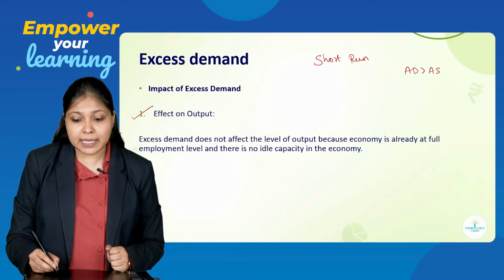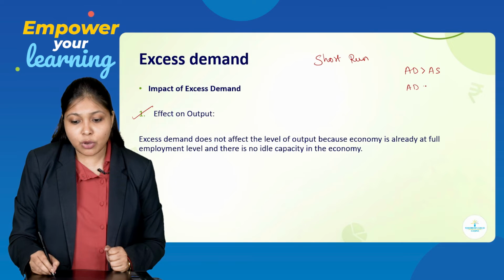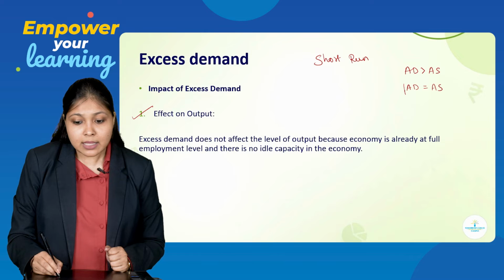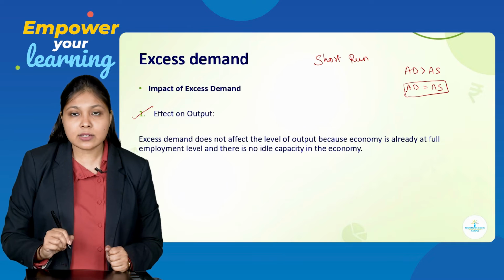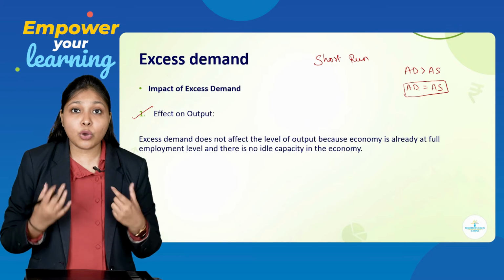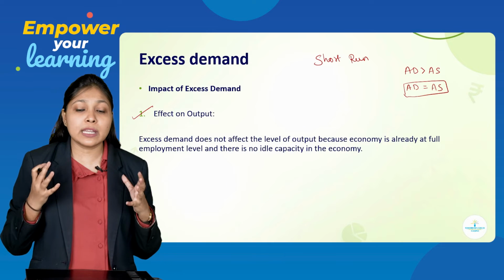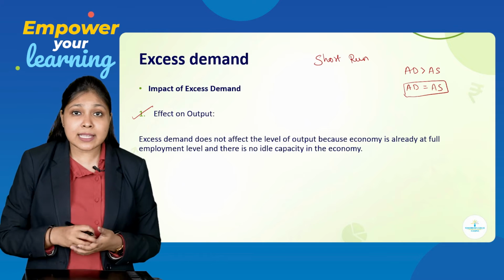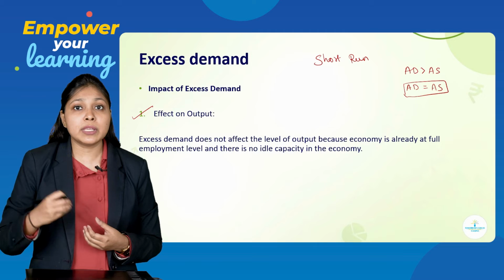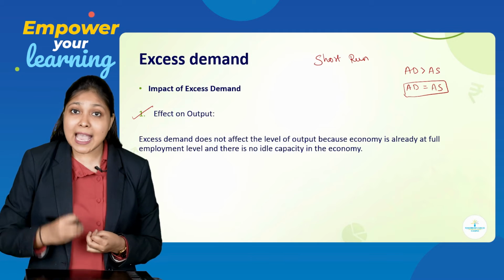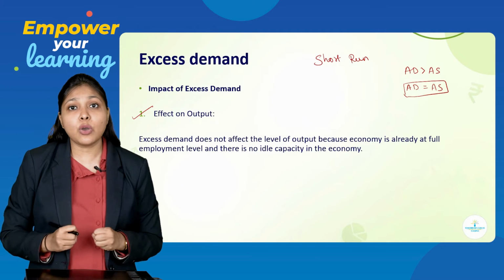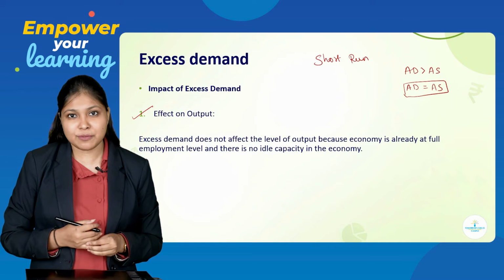The only way to come to the situation of AD equals AS is that the supply needs to be increased. But here we cannot increase the output or the supply, since the economy is already working at the full employment level, as well as we are studying the concept under the short run production function.